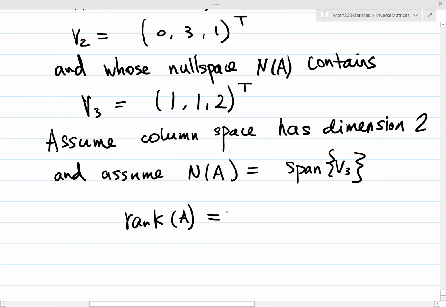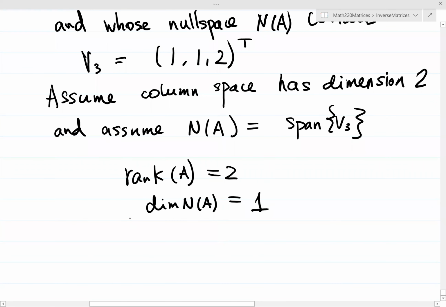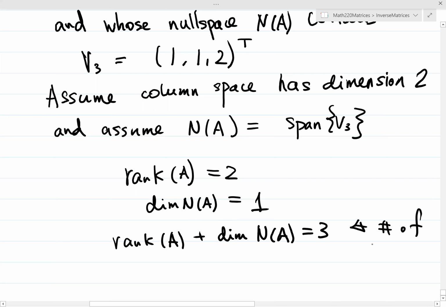Dimension of null space is 1. So the sum of rank plus dimension of null space gives us the column numbers. Rank A plus dimension of null space gives us the number of columns of A.